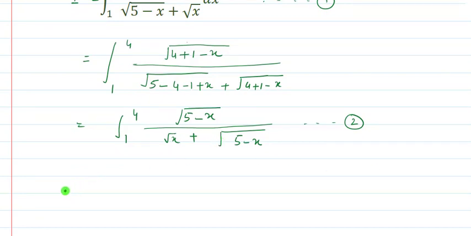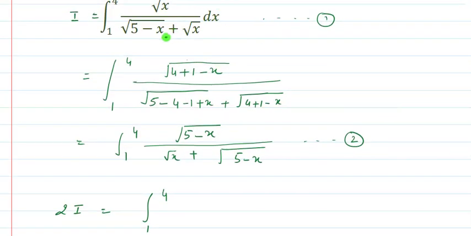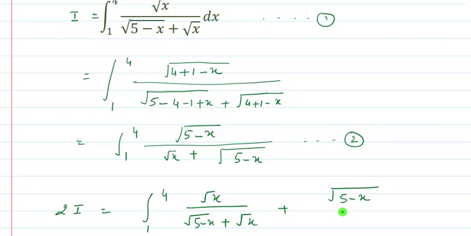So if we add the two, we get 2I on the LHS, and after addition the limit remains the same, 1 to 4. In the first we have root x upon square root of 5 minus x plus root x, and in the second we have square root of 5 minus x upon the same denominator. So we can write it as root x upon square root of 5 minus x plus root x, plus square root of 5 minus x upon square root of x plus square root of 5 minus x.